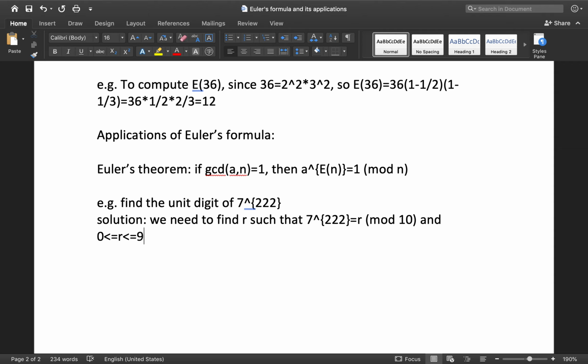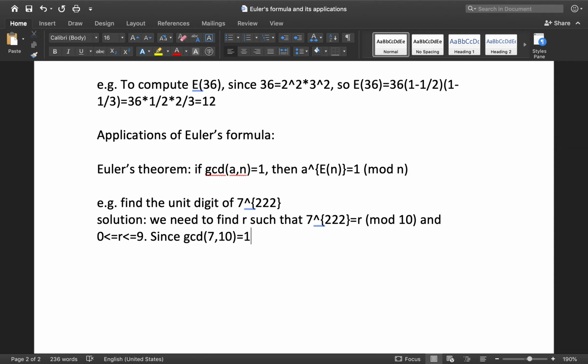So you won't hit 10; you can always make sure the remainder is between 0 and 9. That's your goal. Once you get this number, you get the unit digit. Now, since the GCD of 7 and 10 is equal to 1, it's quite obvious because 7 is a prime number.